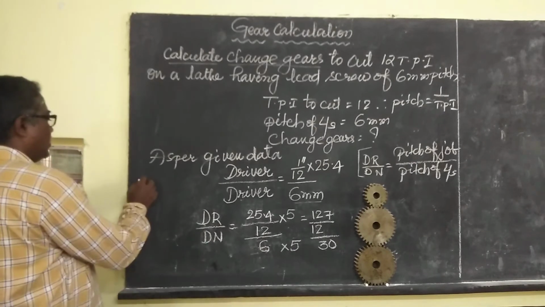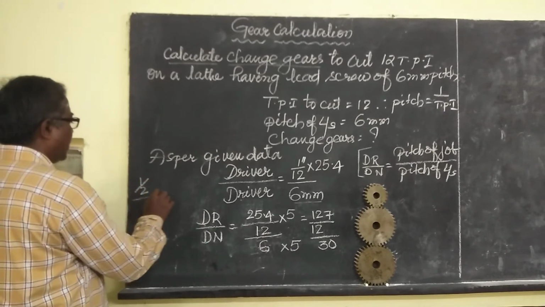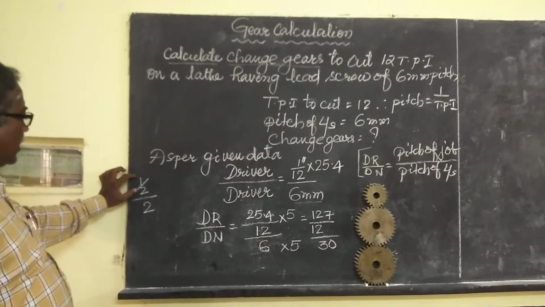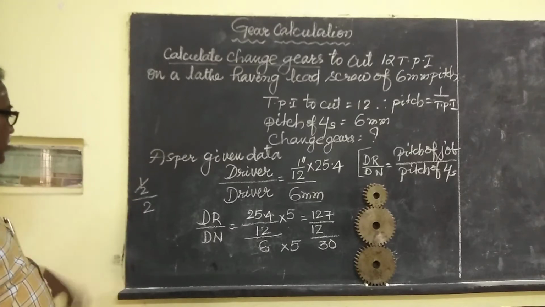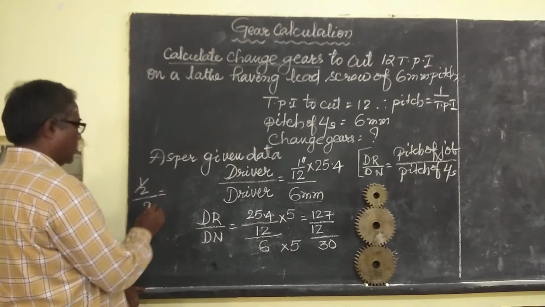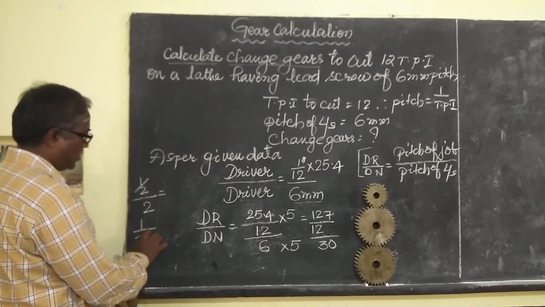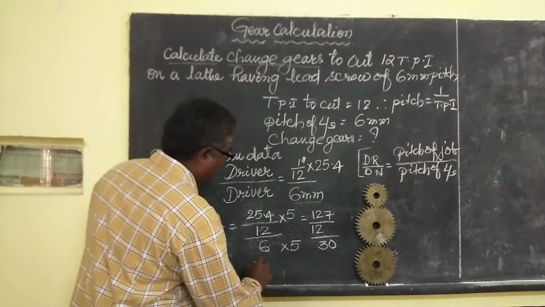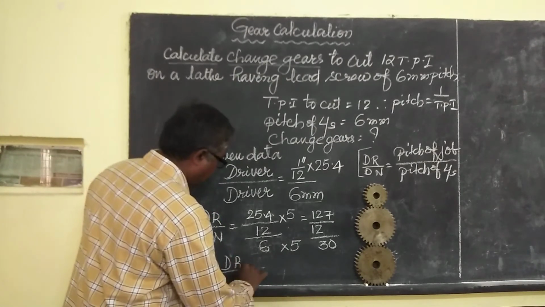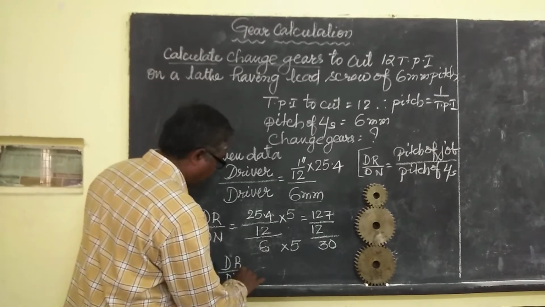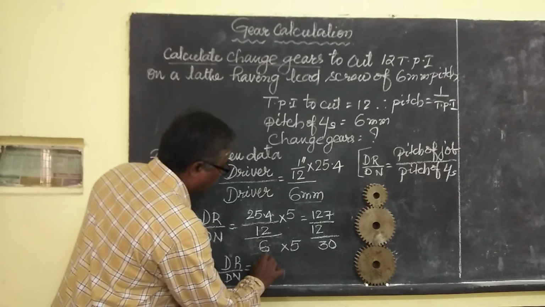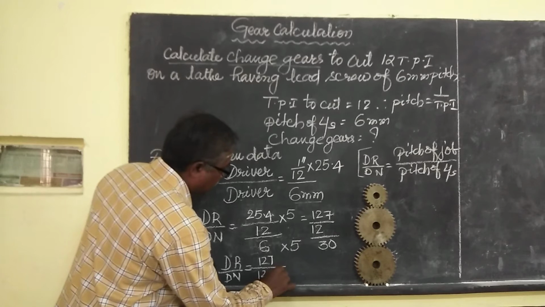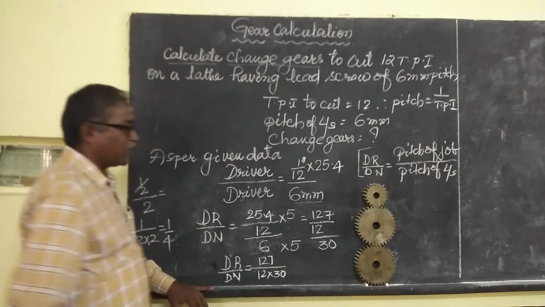For example, half of a half: if we have half a rupee and 2 members, how much will each get? 1 by 4. That means 1 by 2 into 1 by 2 equals 1 by 4. So here now Dr by Dn, driver by driven, is equal to 127 by 12 into 30.